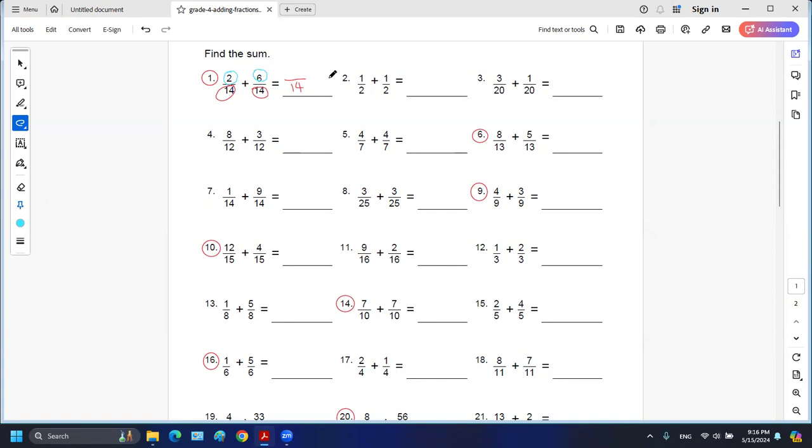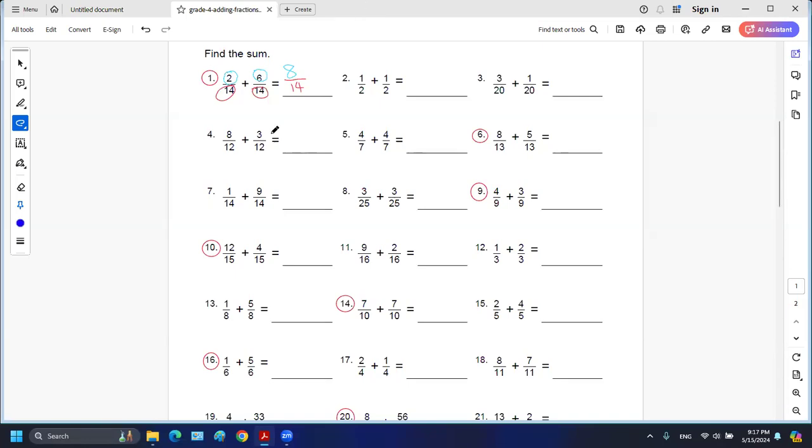Now, 2 plus 6 is 8. Well, 8 over 14 is the answer, but it isn't the final answer.